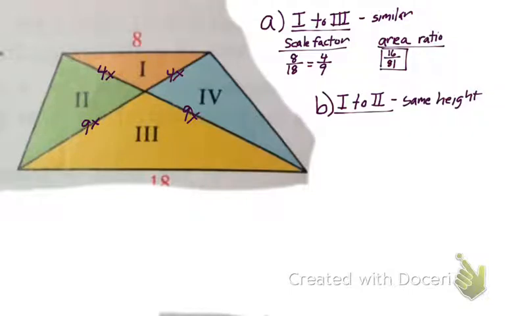Let me highlight our bases. I mean, I don't really need to because you should already know by now, but I'm looking at these two things. Well, the ratio between their bases is 4x over 9x, which is just 4 over 9. Oh, I'm still highlighting. 4 over 9.